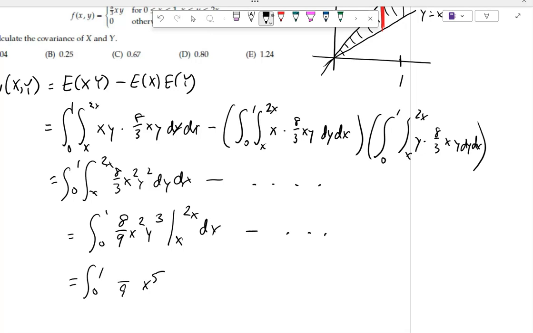Is that right? So I get a 56x to the 5th when I'm done. The 2 cubed gives me 8. 8 times 8 is 64. And then I put in a 1, I get 8 ninths. So 64 minus 8 is 56.